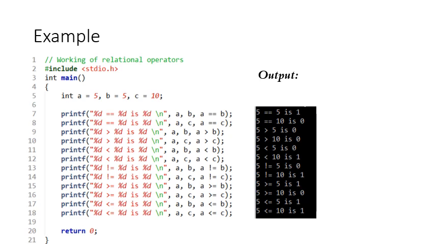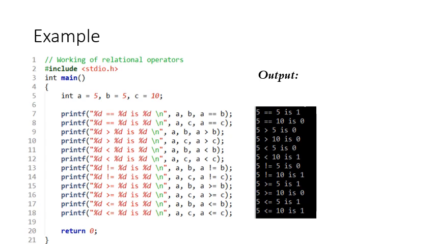Since they are equal, the result of a == b is 1. Now let's move to line 9. In line 9, we are testing whether a is greater than b. A and b again have the same value of 5. So a is not greater than b, and the result is 0.